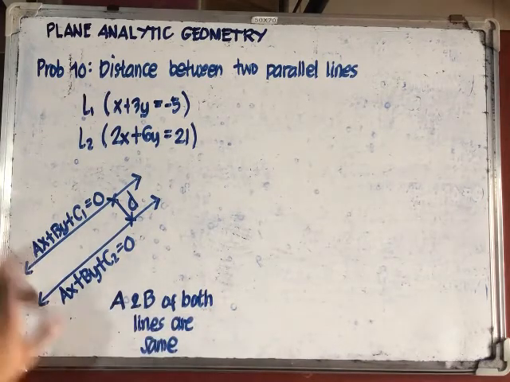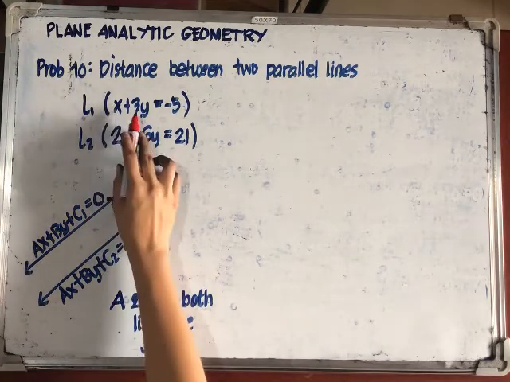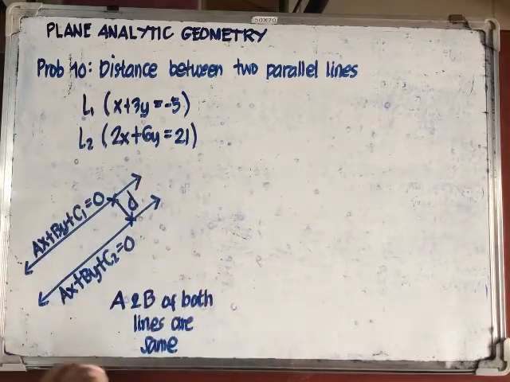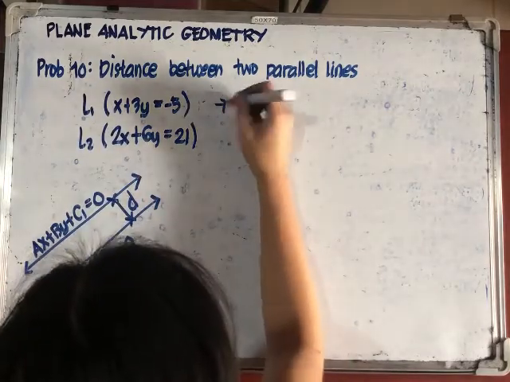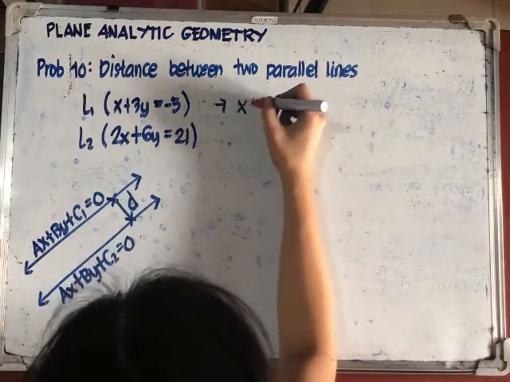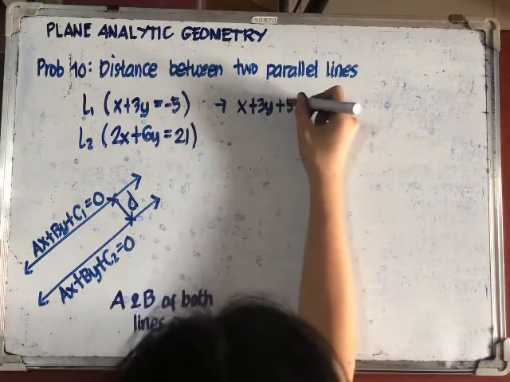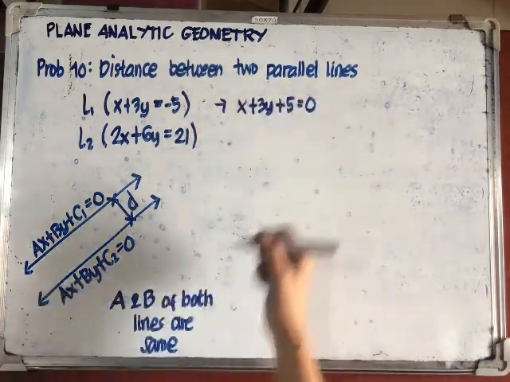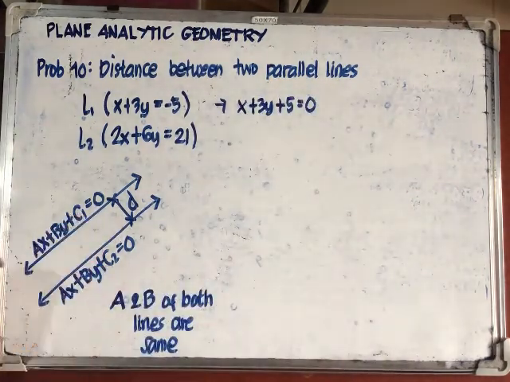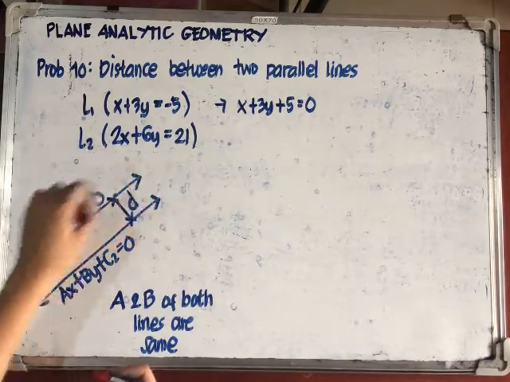Alright? So, dito in this case kasi, ang A nito is 1 and ang B nito is 3. So, if i-rewrite natin siya into this general form natin, x plus 3y plus 5 is equal to 0. Ito naman, mapapansin nyo, hindi pa siya nakasimplify. Naka 2x and 6y pa tayo.